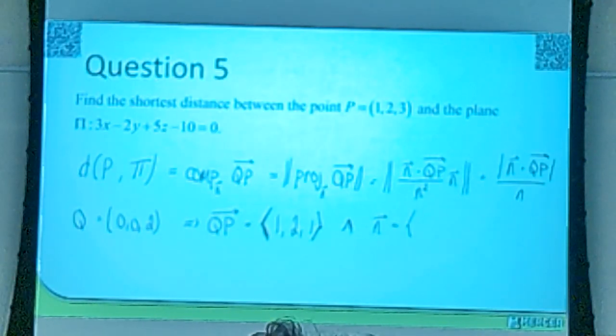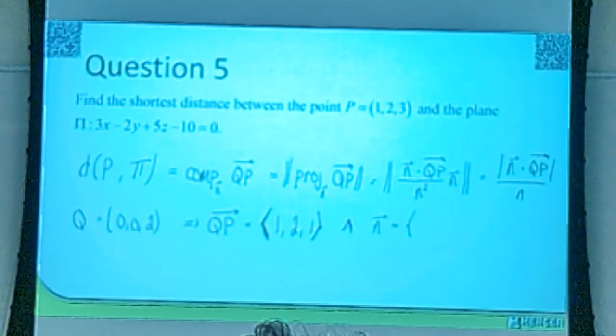Wait, how does yours come out 0, 2? How do you get 1, 2, 1, 8? QP, 1 minus 0, 2 minus 0, and wait, minus 2. Should that 1, 2 be negative? No, because P is the terminal point. Oh, Q is the initial. It's the other way around. That's why I said, pay attention. If it was PQ, then it would all be negative.